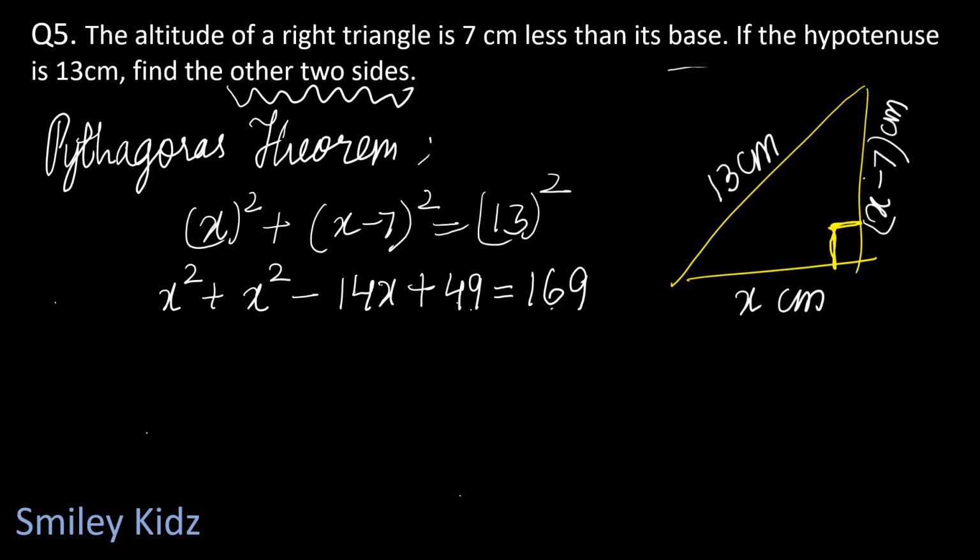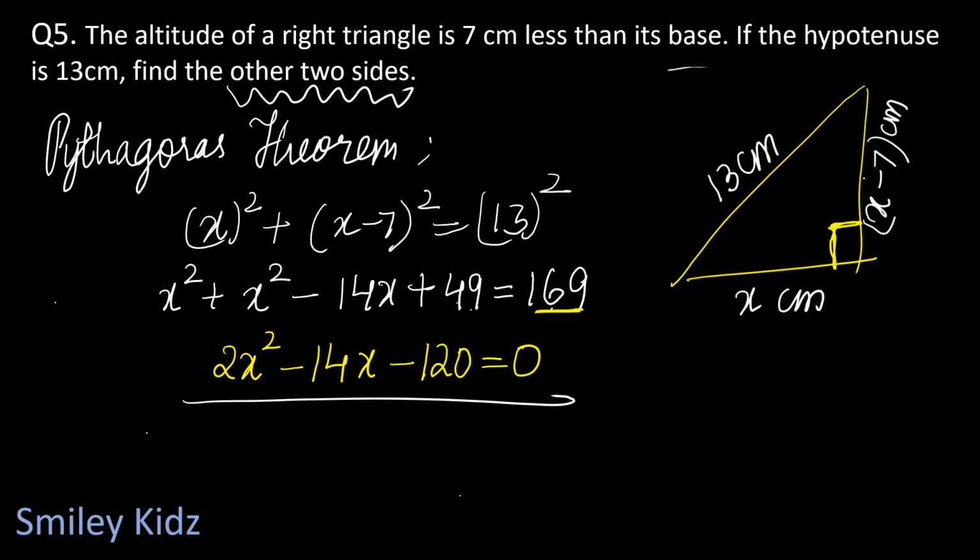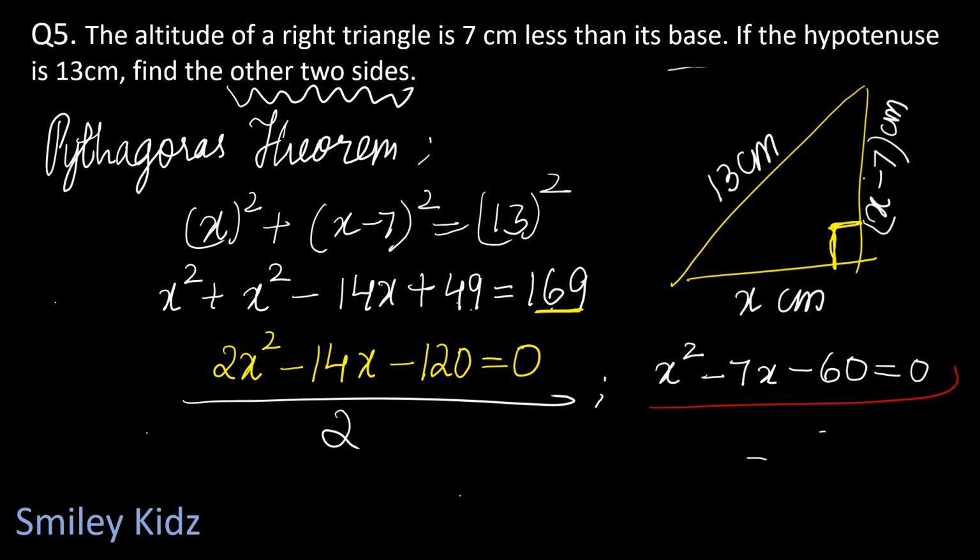On further simplification, we get 2x square minus 14x minus 120 equals 0. I have transposed this 169 to the other side. It turns out to be minus 169. Now, I'm going to divide this entire quadratic equation by 2 in order to simplify it. So, this turns out to be x square minus 7x minus 60 equals 0. So, this is the quadratic equation.